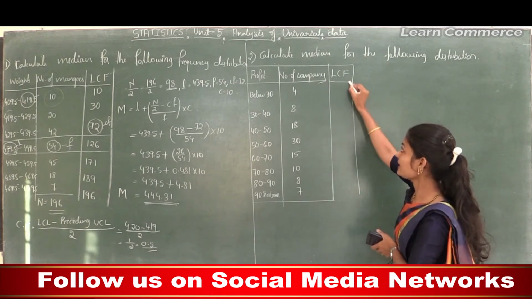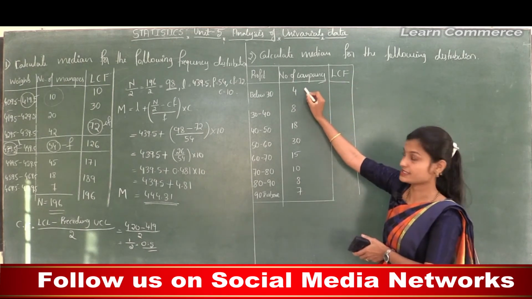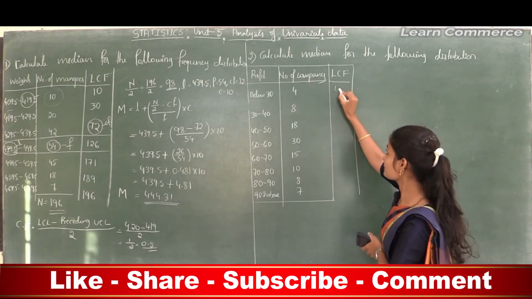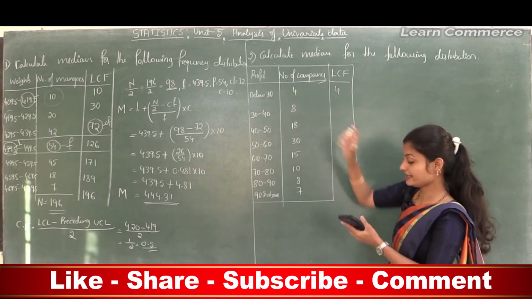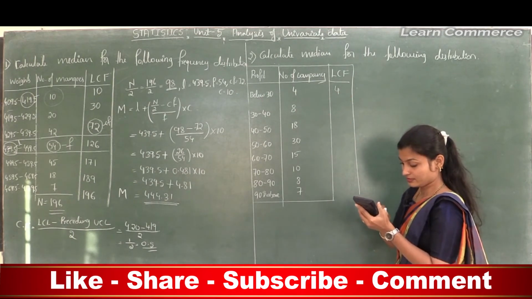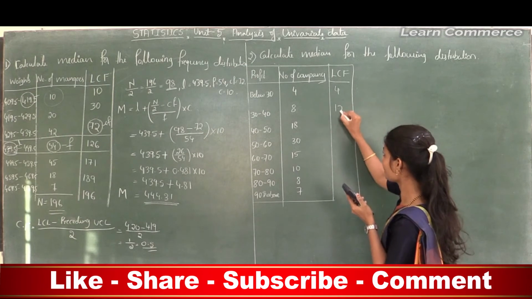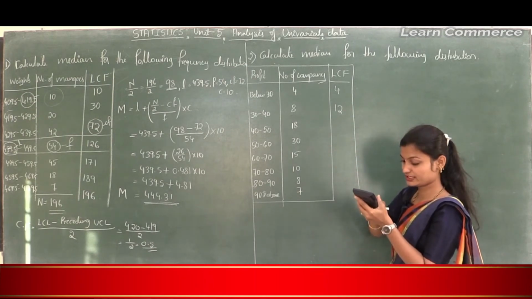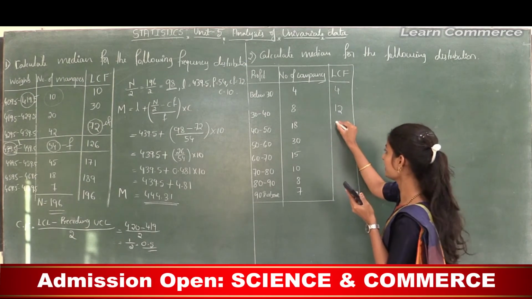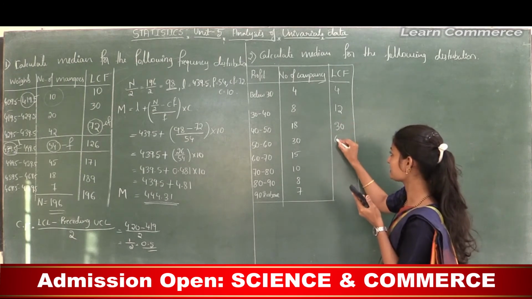First we need to write the first class frequency as it is. So here the first class frequency is 4. Next 4 plus 8, that is 12. Then 12 plus 18, that is 30. Then 30 plus 30, that is 60.